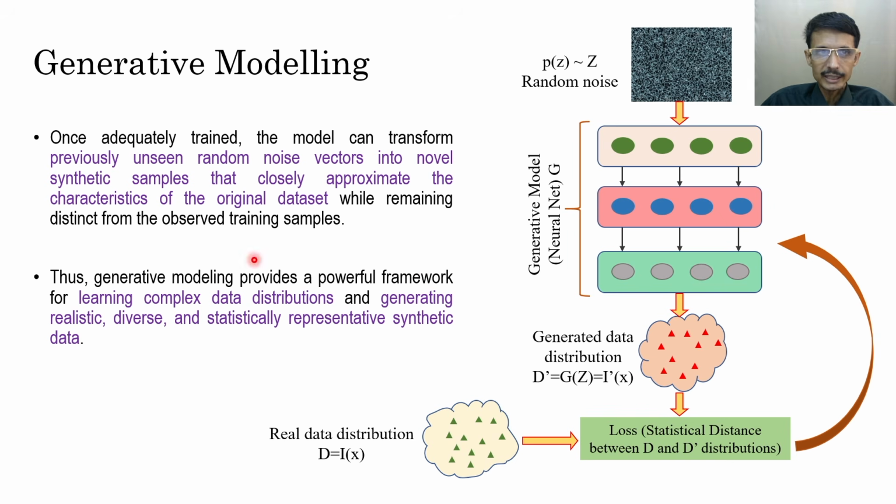Once adequately trained, the model can transform a previously unseen random noise vector into a novel synthetic sample that closely approximates the characteristics of the real dataset, while remaining distinct from the observed data.